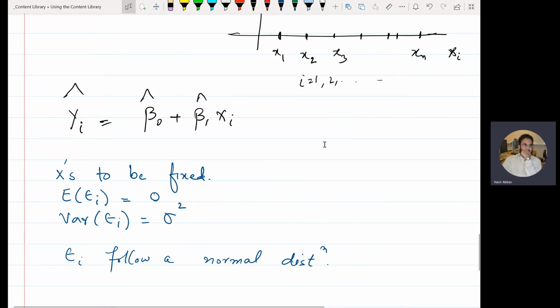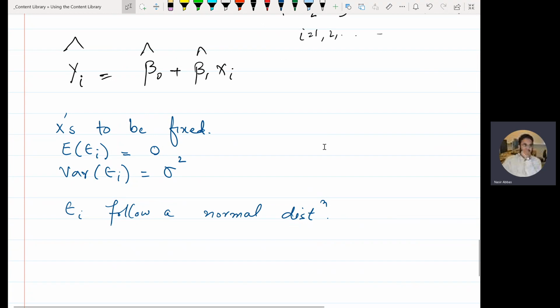Is it a variance or just a symbol? It's a notation for the variance. Sigma square is the notation for the variance. The variance of epsilon is constant. Yes, it is constant. The fact that I'm calling it constant is because I'm not putting an i in the subscript.